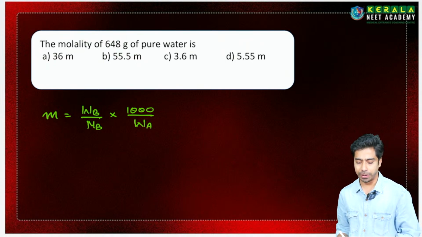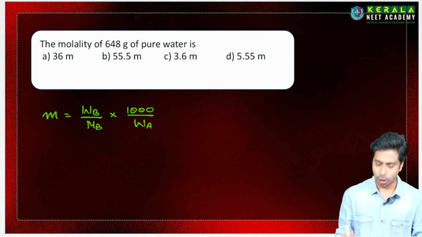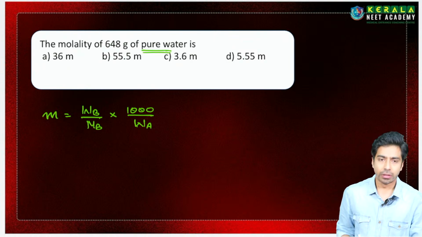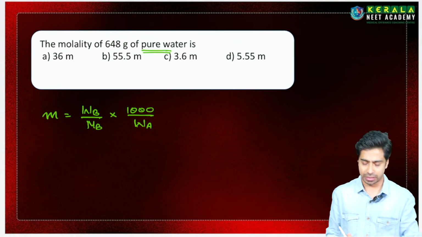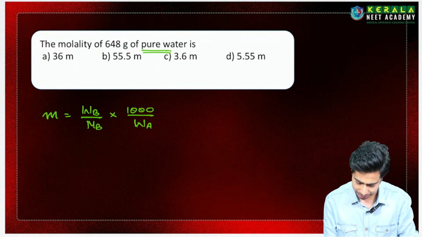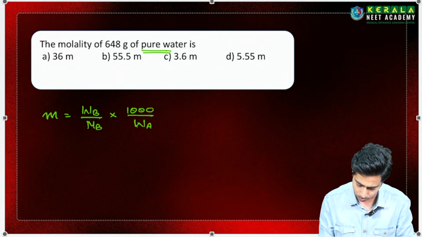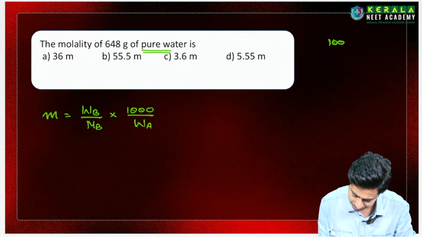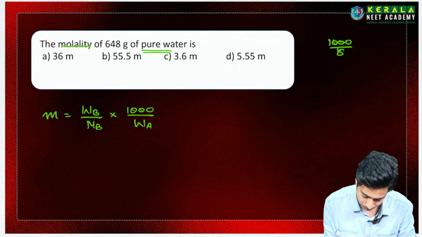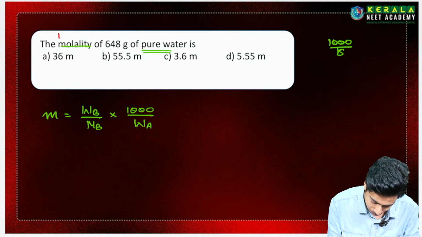Here we are taking pure water, so for pure water you can take it the same way. If you go with the calculation, it will be 1000 by 18. Okay, it should be molarity. Wait, molarity.